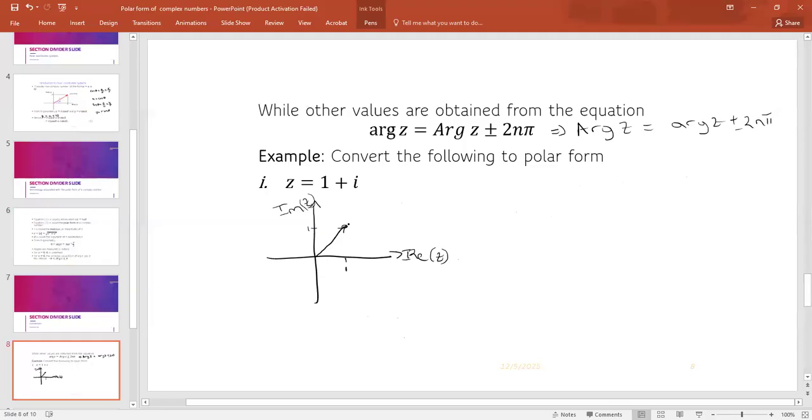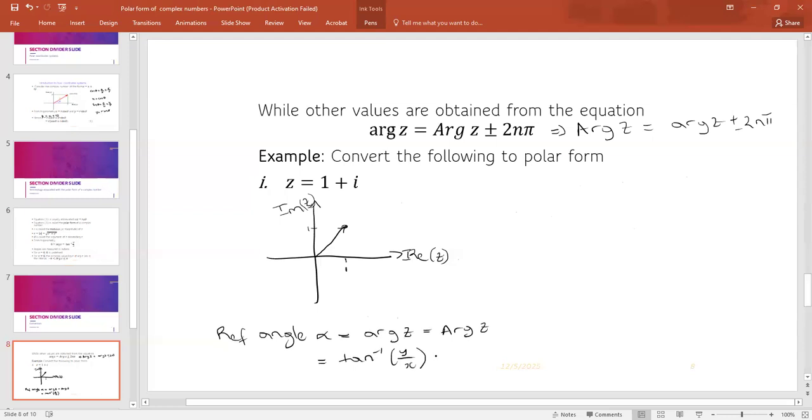So for all complex numbers in the first quadrant, the reference angle, let's represent the reference angle by alpha, is the same as the argument, which is the same as the principal argument. Okay, and remember this is represented by arctan of y over x.